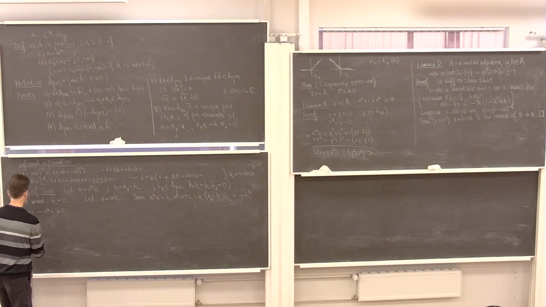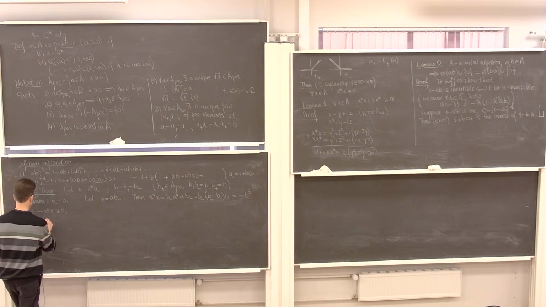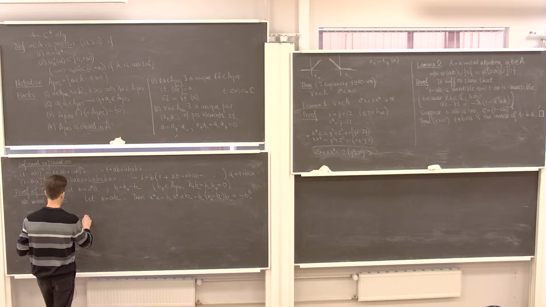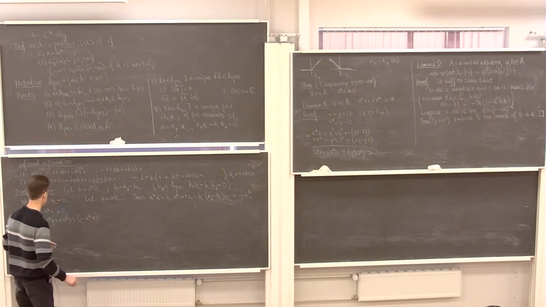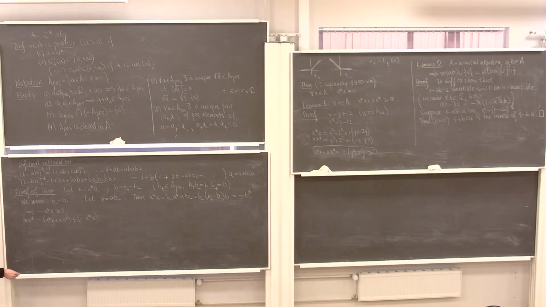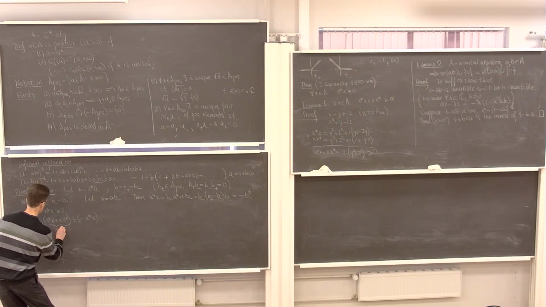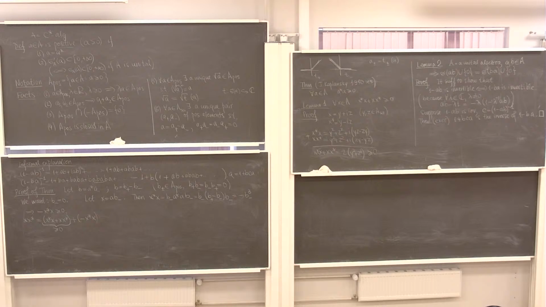So what is X X star? We can write it as follows. This is X star X plus X X star minus X star X. Now, lemma 1 implies that this expression in brackets is positive. This one is positive by lemma 1.